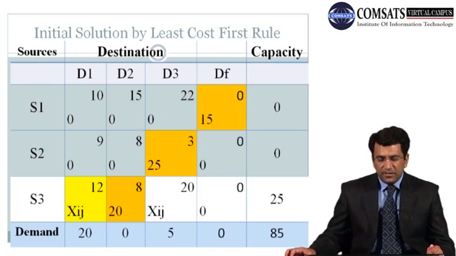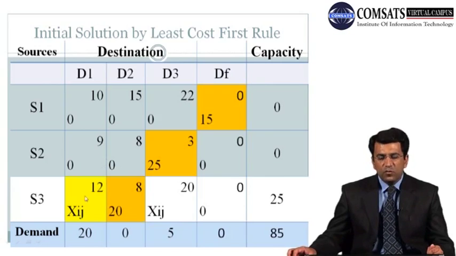Next again class, we'll move to the next available least cost cell. Actually you'll have to move to the S3D1 cell. We cannot move again to the S2D1 cell, because we cannot add any quantity, as the row capacity has been fulfilled.